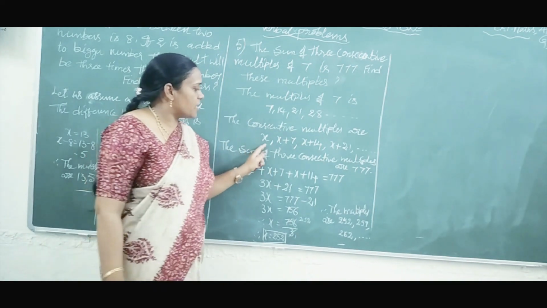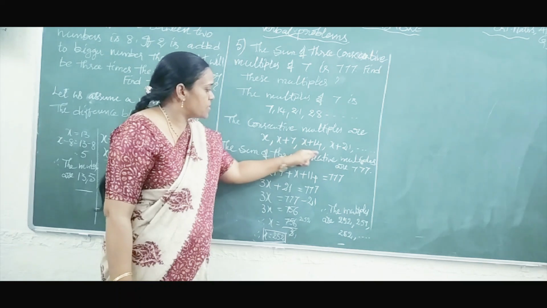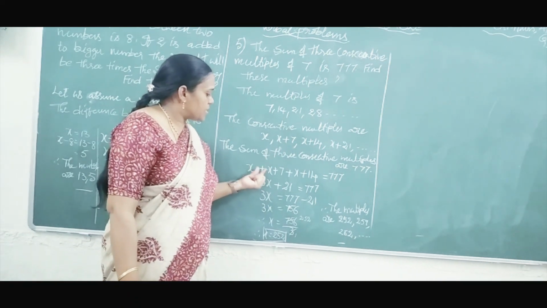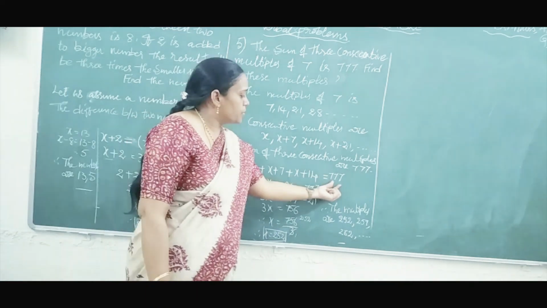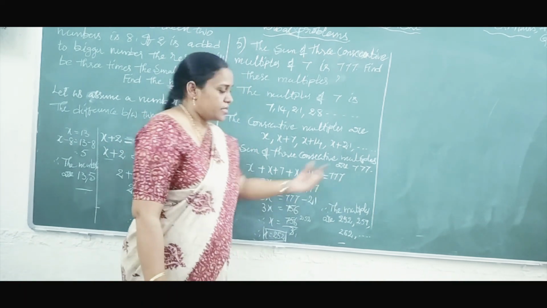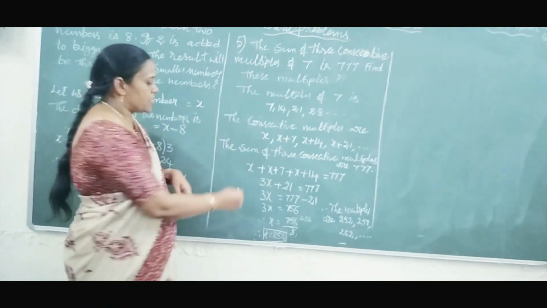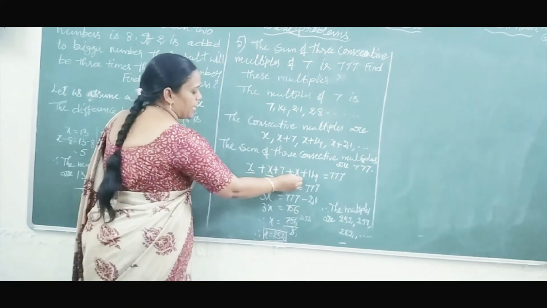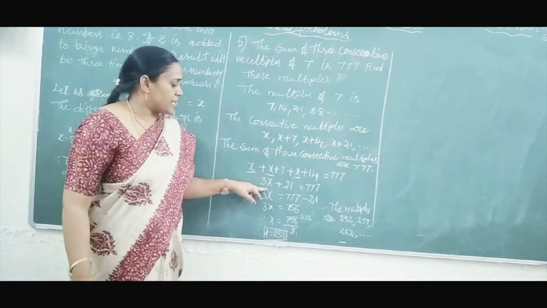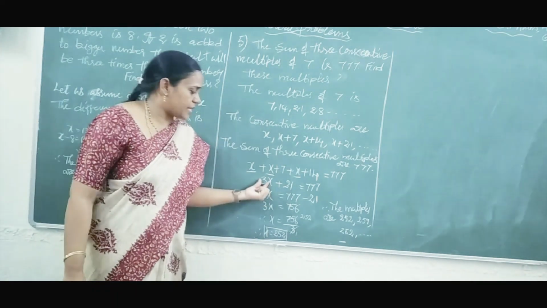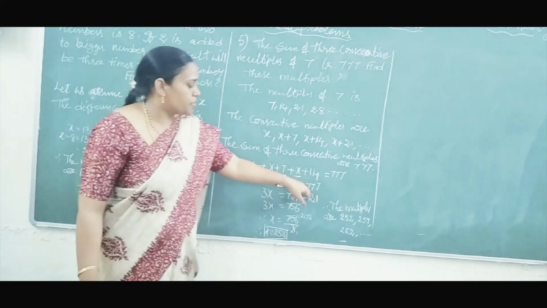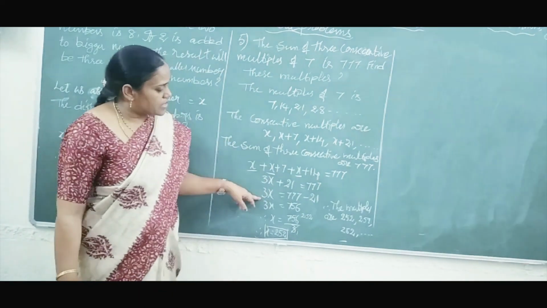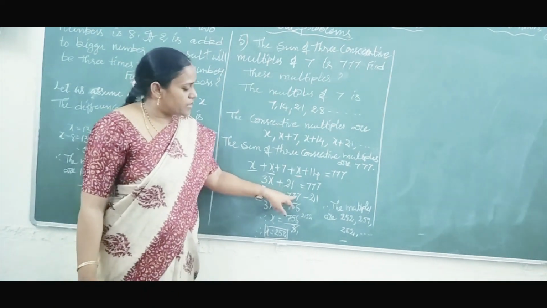Consecutive multiples: x. Sum means plus x plus 7 plus x plus 14 is equal to 777. Now the x terms, that is x and x and x, that is 3x. Plus 7 plus 14, 21, is equal to 777. 3x is equal to, write down 777 minus 21.